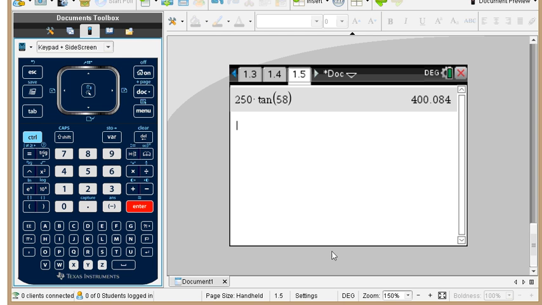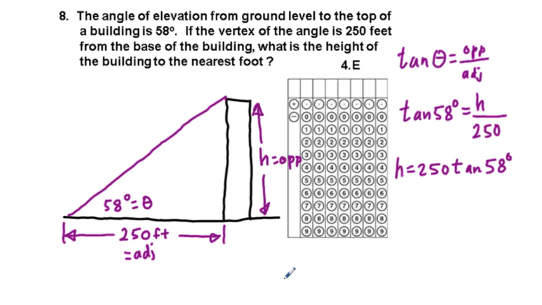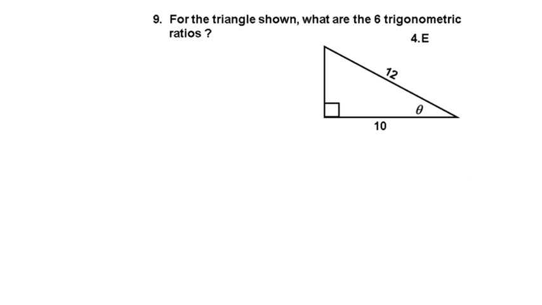I think we're going to the nearest foot, so we say h is about 400 feet. So marking that in our space here, we can put 400. And so we put in 400. Okay, so that's problem number 8.